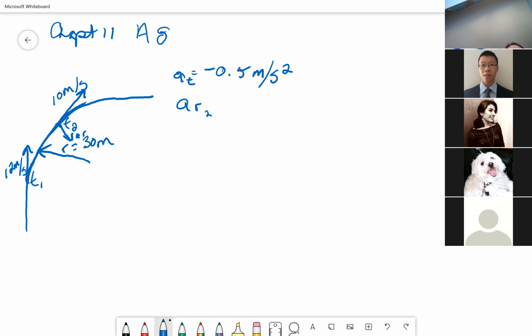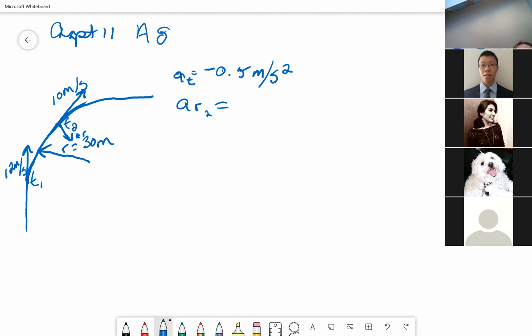We know that the tangential acceleration is constant throughout the curve, and it's minus 0.5. So at time 1, when they enter the curve at 12 meters per second, and at time 2, the point where their speed has decreased to 10 meters per second, the tangential acceleration is going to be negative 0.5 meters per second squared.